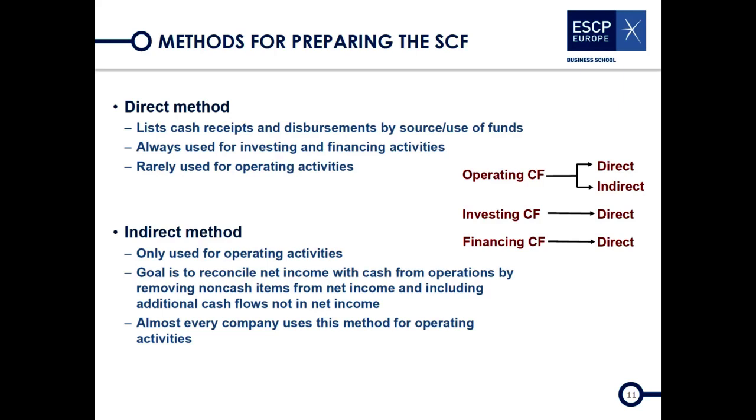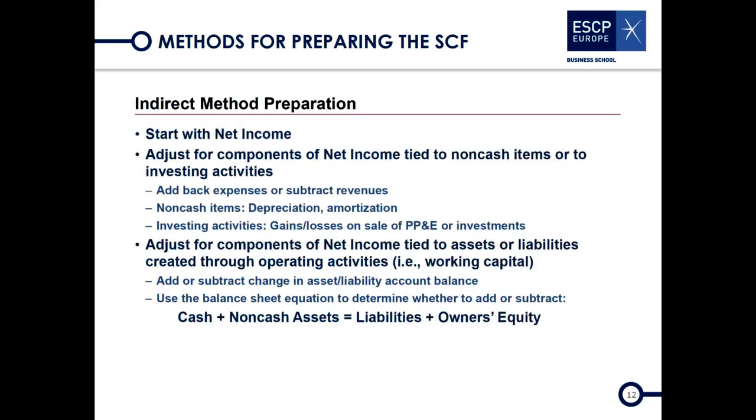Of course, the net cash flow from operations, whether you use the direct method or the indirect method, should be the same in the end, right? It's just a different approach of getting to the correct net cash flow from operations. Okay, so again, with the indirect method, we start with net income, then we adjust for all components that are non-cash items.